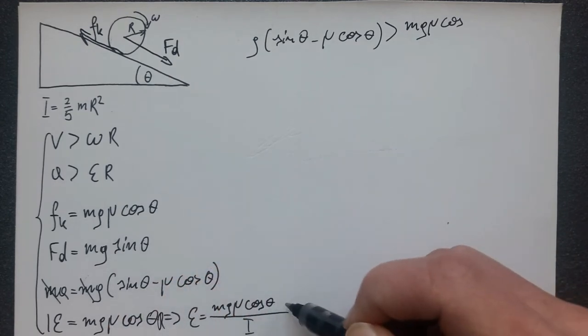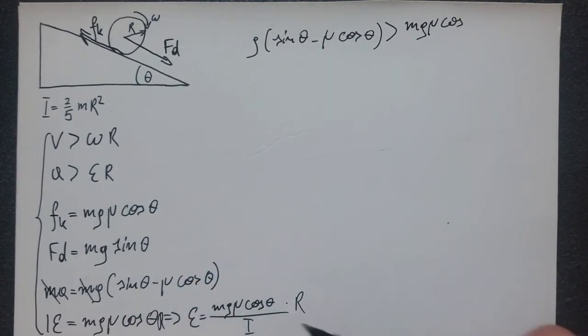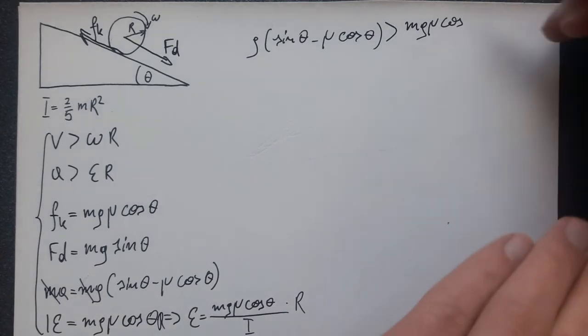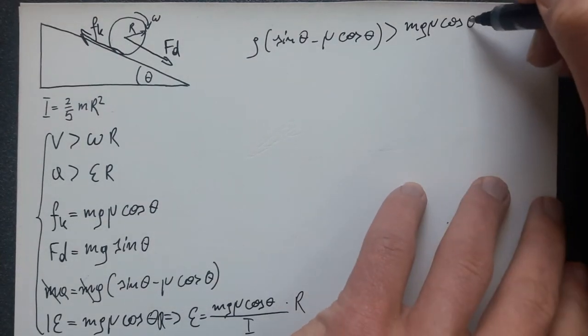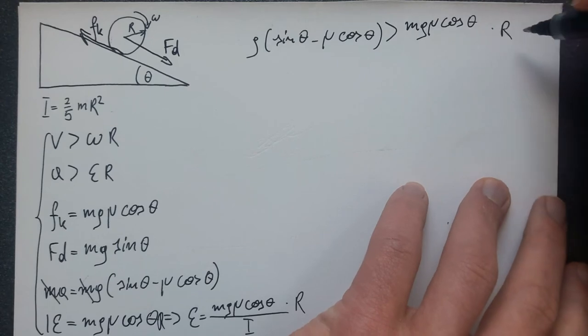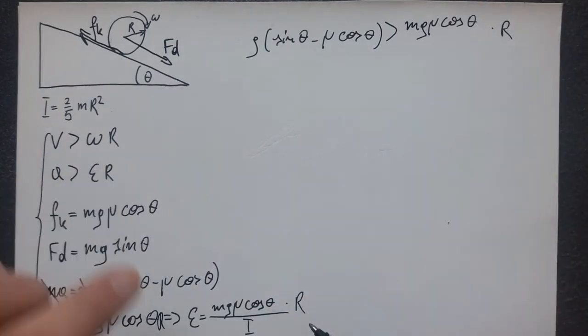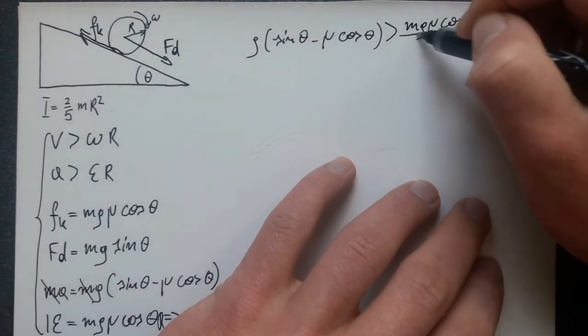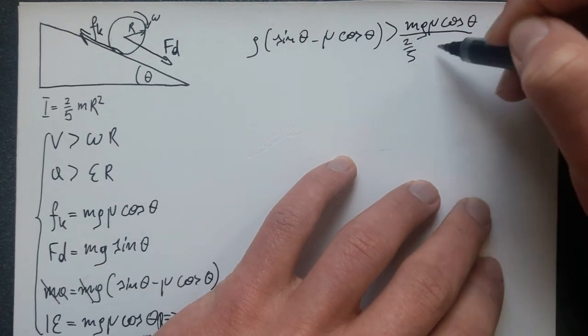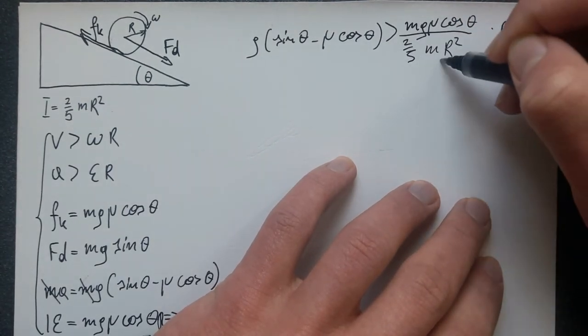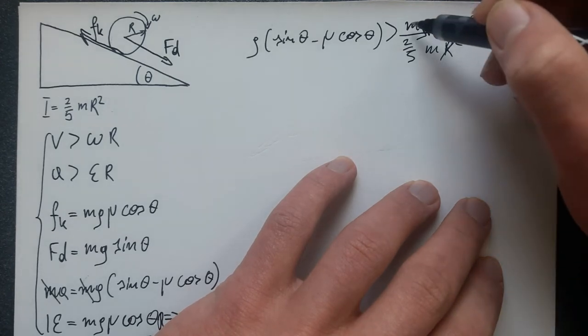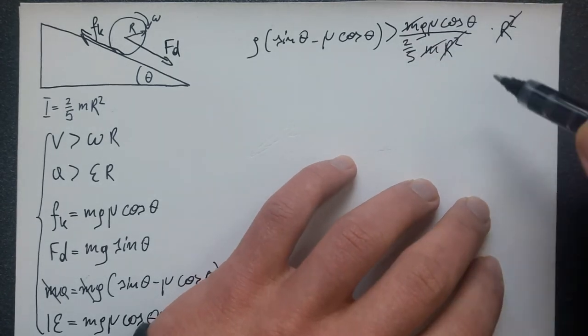Here, r and r. We have mg mu cosine of theta times r squared, one r from here and one r from here, divided by 2/5 m r squared. The r squares cancel, and masses cancel.